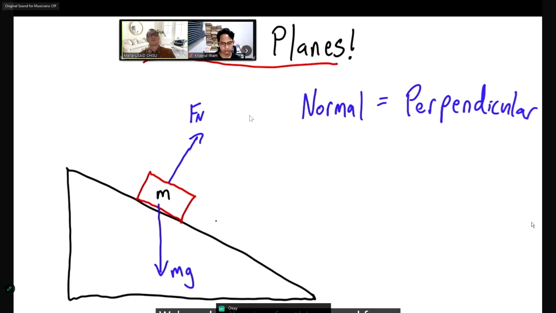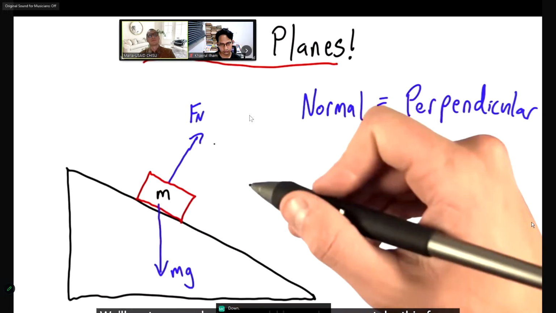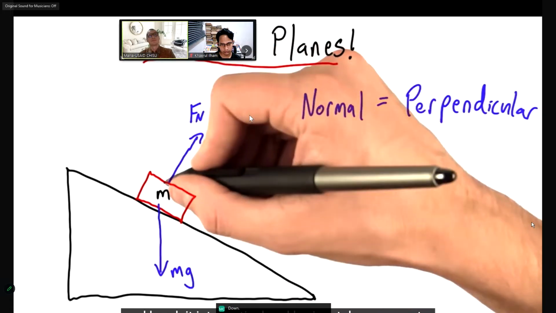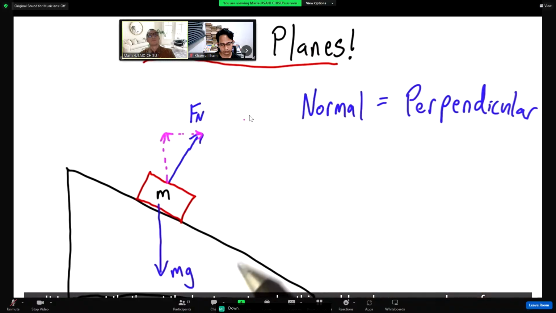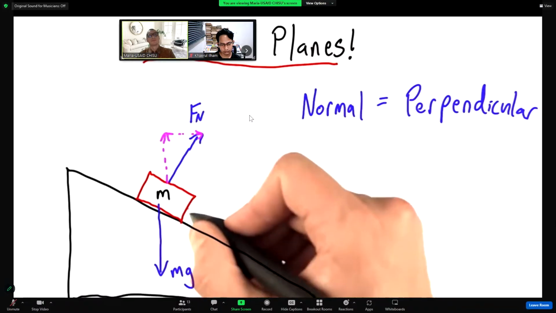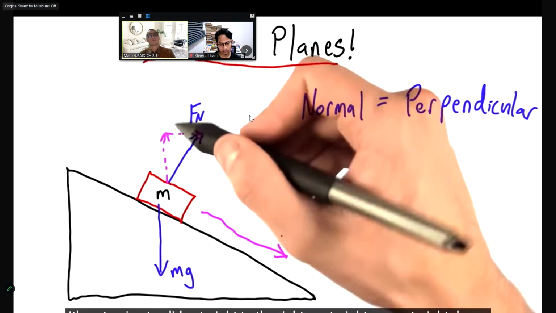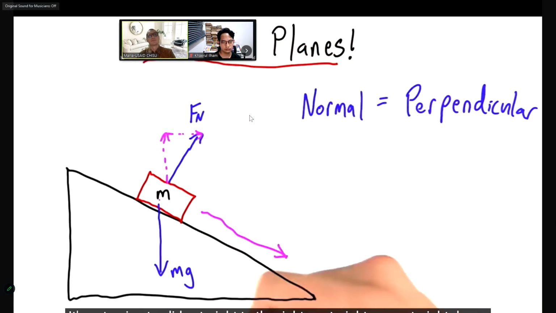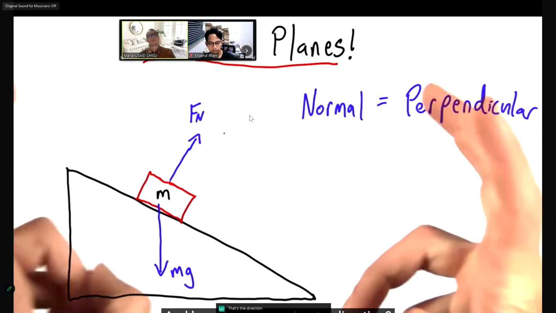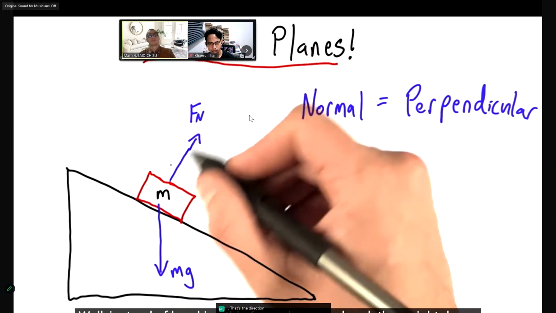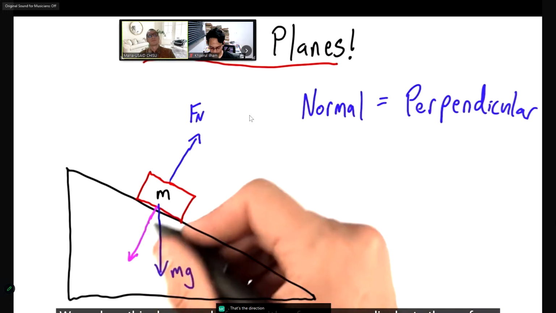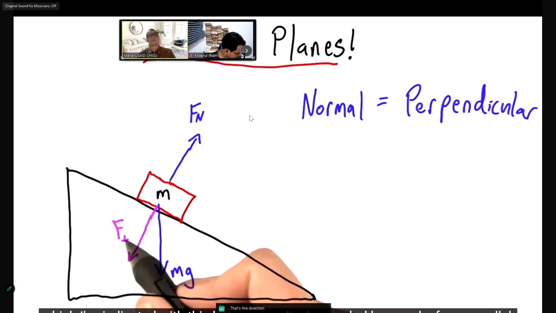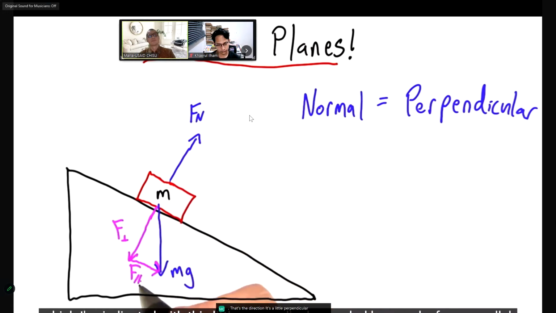Point up or down. It's not the best way to solve this. So that's the direction we should care about. With this little perpendicular symbol here.